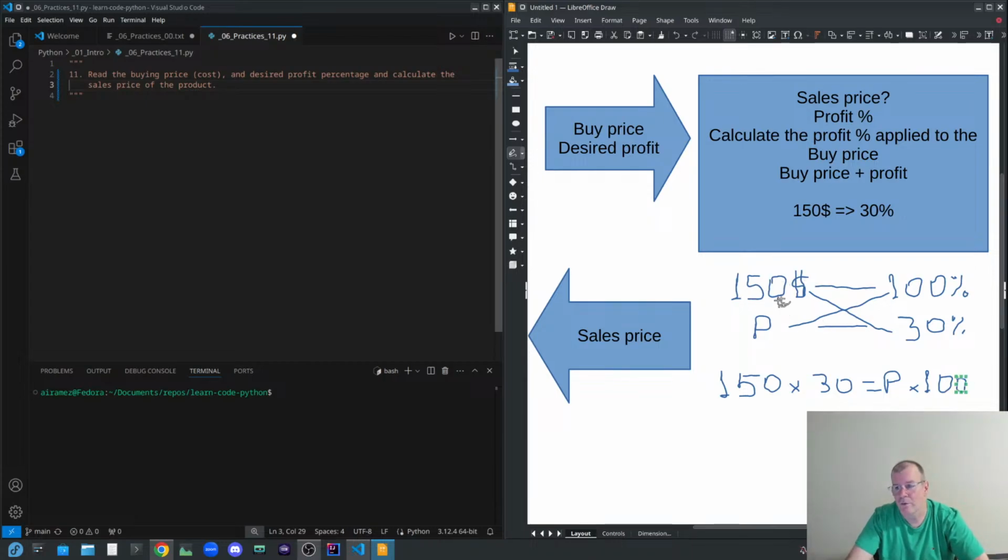So whatever you are looking for here, this will be a variable. You can always use this formula.